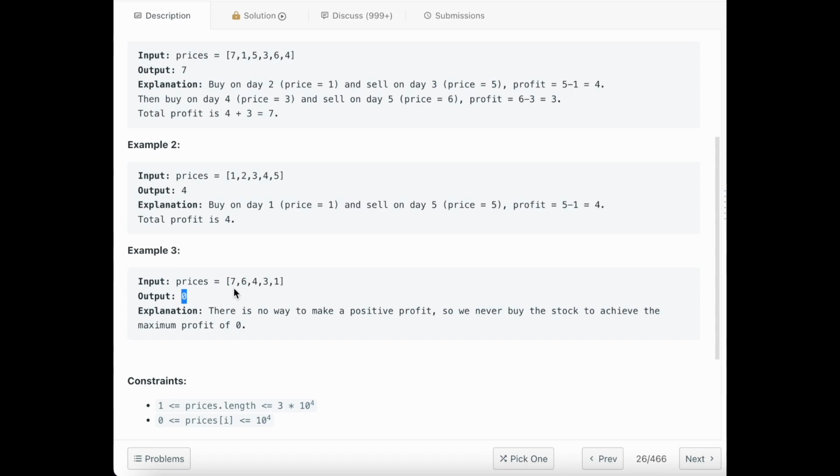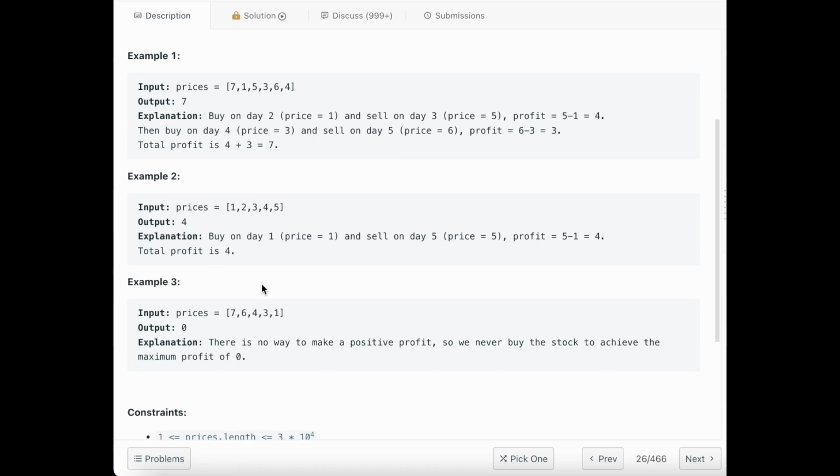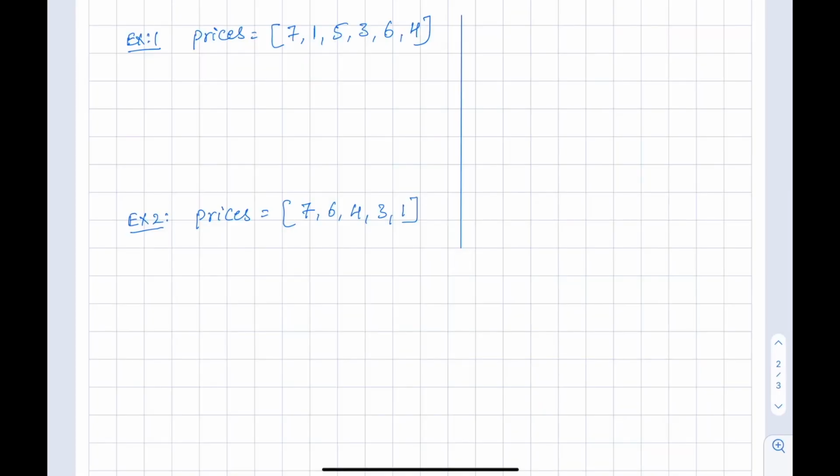Let's go to the explanation part, how we are going to solve this. For the purpose of explanation, I want to give a brief description of 2 variables that I am going to use. The first one is total profit. I am going to initialize this with 0, and this is going to store my profit from all the transactions.